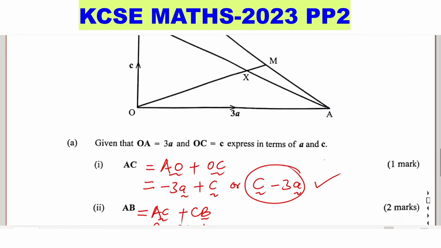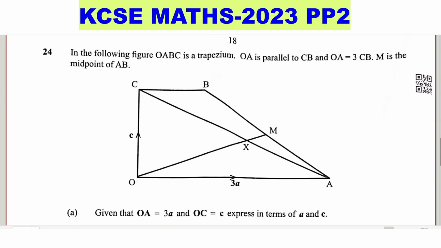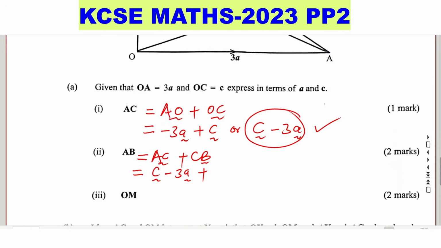Then CB, we don't have CB, but you can get it from here. OA is equal to 3CB, and OA is 3A, which is equal to 3CB. So therefore, you divide both sides by 3, so CB will be A. So work out these. This will give C minus 3A plus A, which will give C minus 2A.